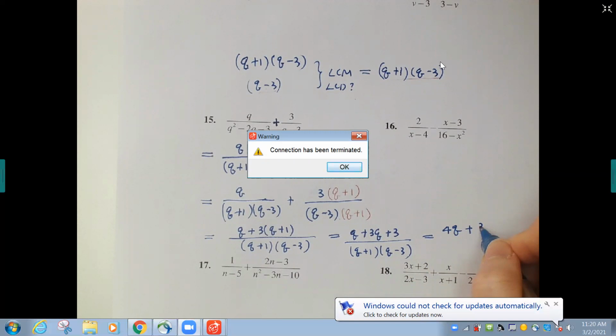What's wrong with my document camera? Oh, power. I have a power off here. I'm sorry. My house lost the power.